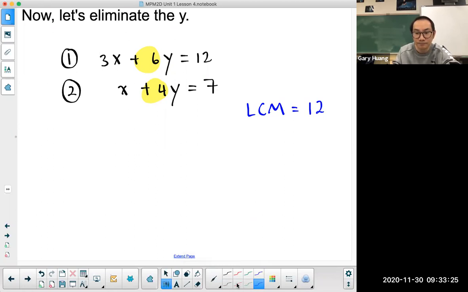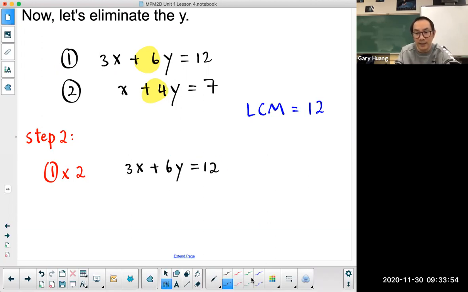So what does that mean? That means for step 2, now that we have everything in the right format, I'm going to eliminate y by making the coefficient of y the same. I'm going to make both of them equal to 12, which means I have to take the first equation, 3x plus 6y equal 12, and multiply everything by 2. The second equation, x plus 4y equals 7, I'm going to multiply everything by 3, because again, I want to get to 12y.